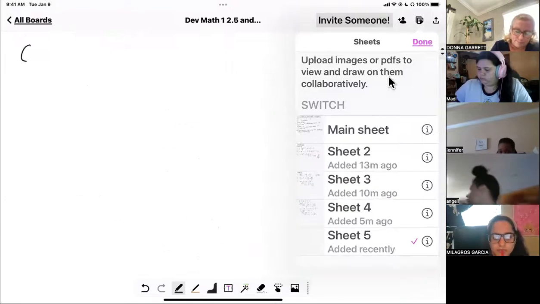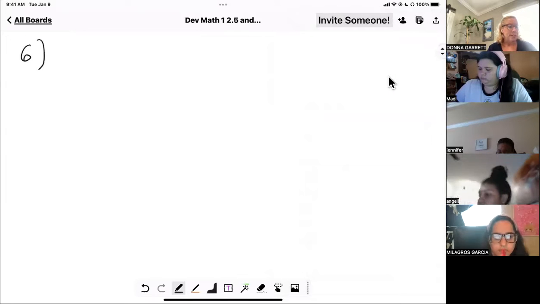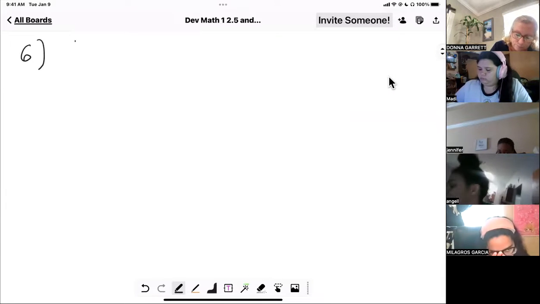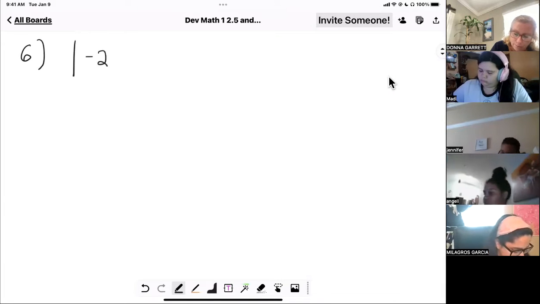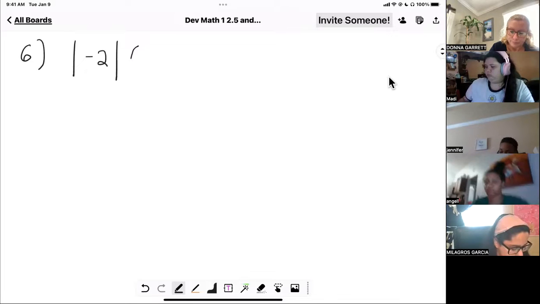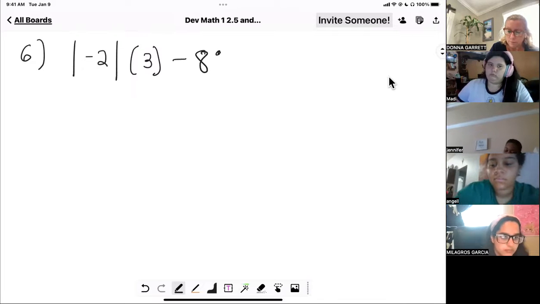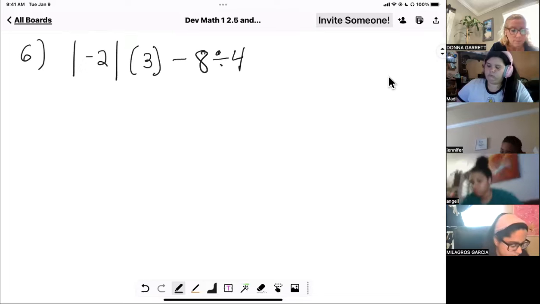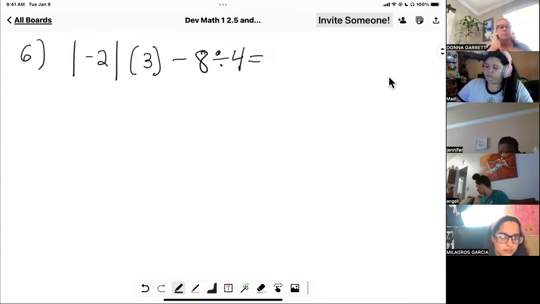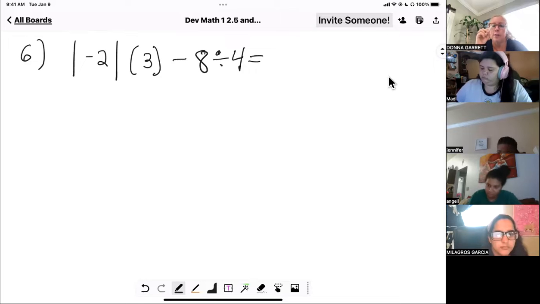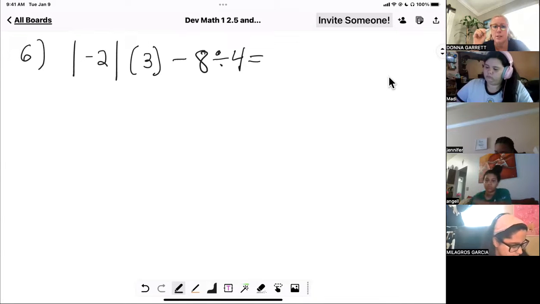Number 6. Okay, so I added something different. Absolute value. Haven't done that in a while. Now, absolute value is a form of parentheses. So we want to simplify that first.